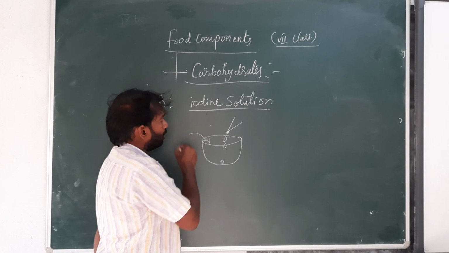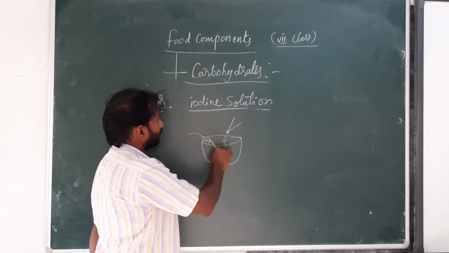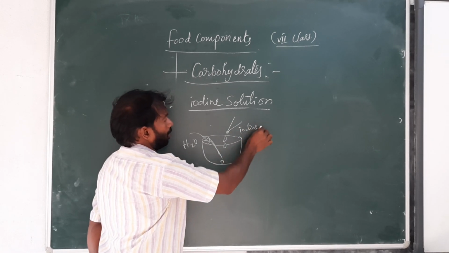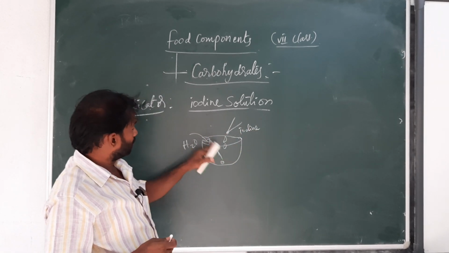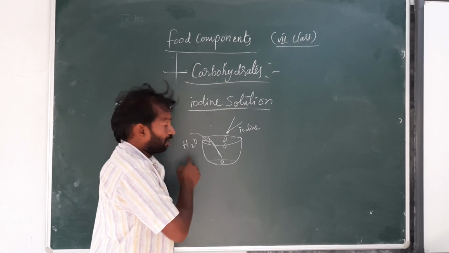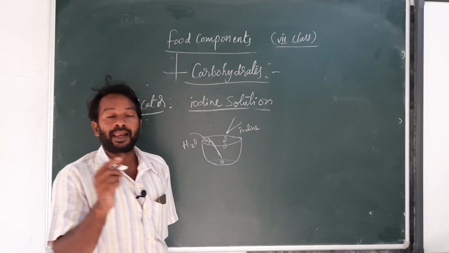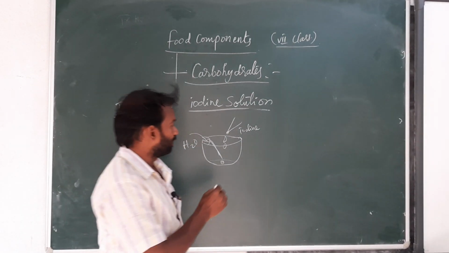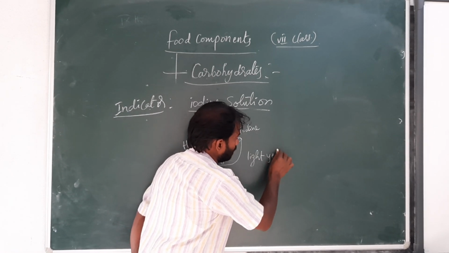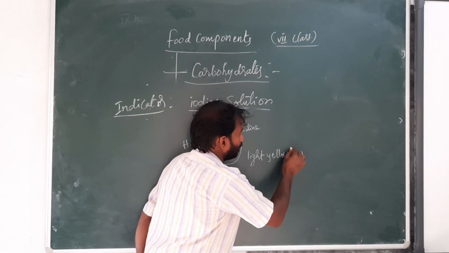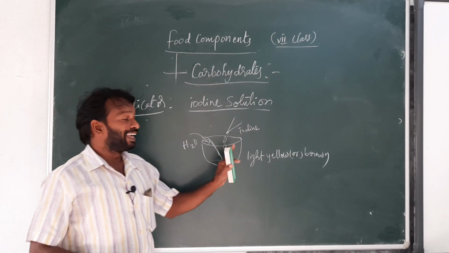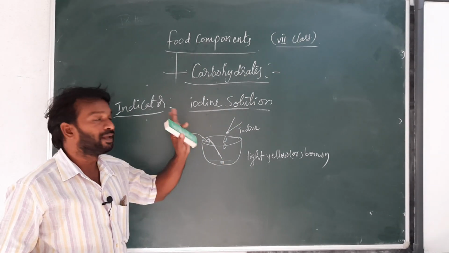Next add water, H2O, until the solution becomes light yellow or brown color. Now it is said to be dilute iodine solution.